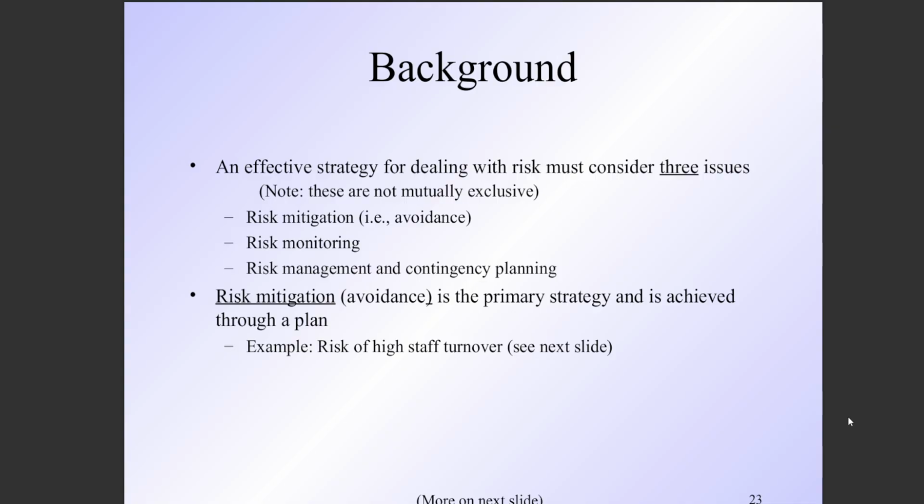Risk mitigation or avoidance is the primary strategy and is achieved through a plan, like for the risk of high staff turnover. Turnover means people leaving your organization at a very fast rate. If people come in, take up the training, work for some time and then leave, that is very problematic for any organization, because every organization invests a lot of money and time in training a particular employee, right?